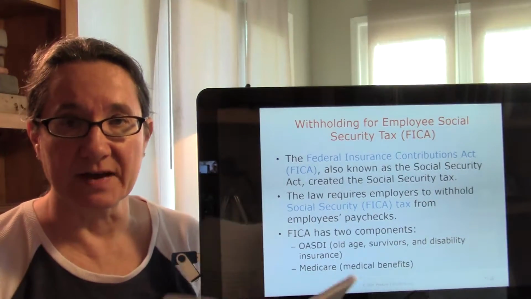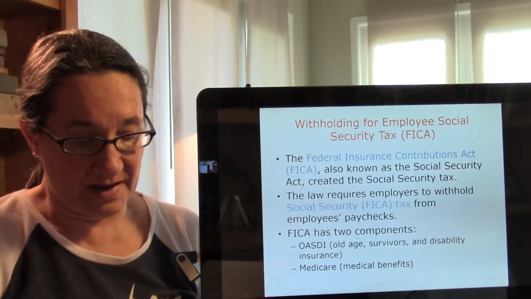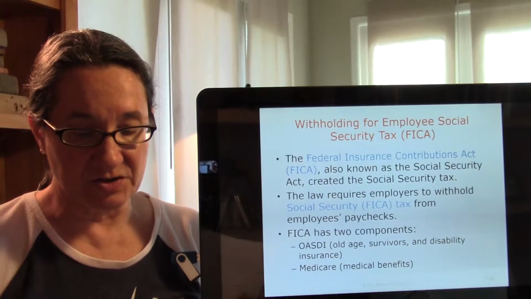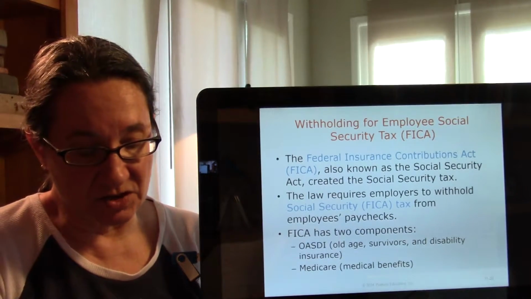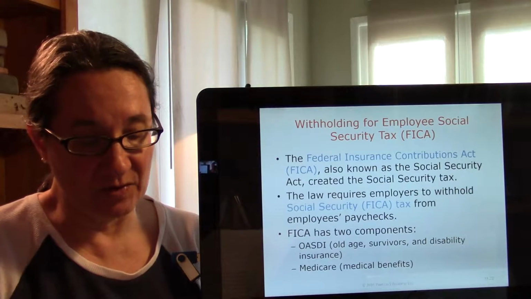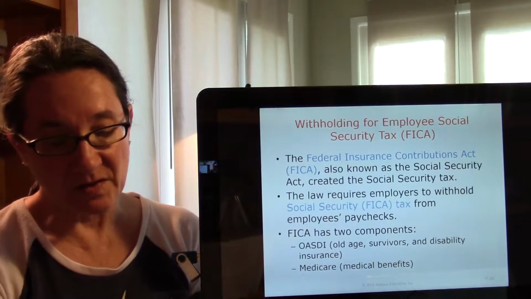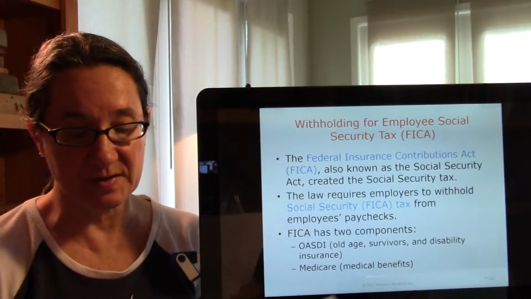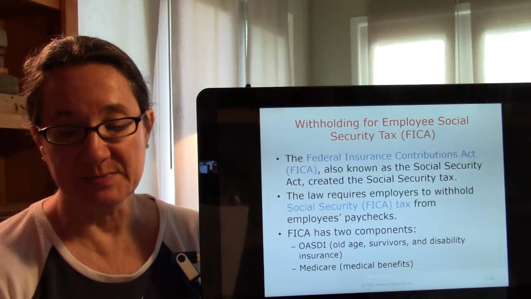Another thing that's always withheld from everyone's paycheck is Social Security. That's what we call the Federal Insurance Contribution Act, FICA, also known as the Social Security Act, which created Social Security tax. The Social Security program provides retirement, disability, and medical benefits. The law requires employers to withhold Social Security FICA tax from employees' paychecks.